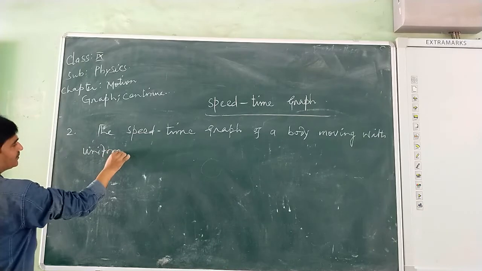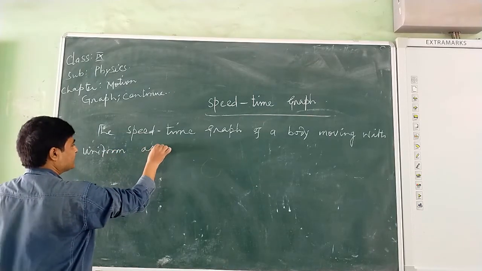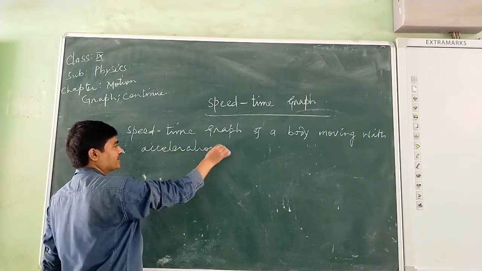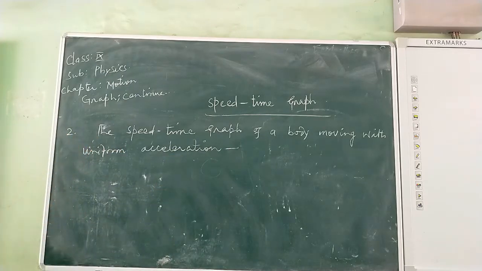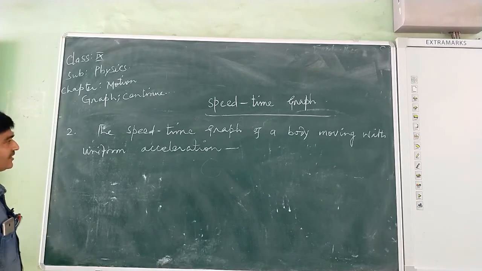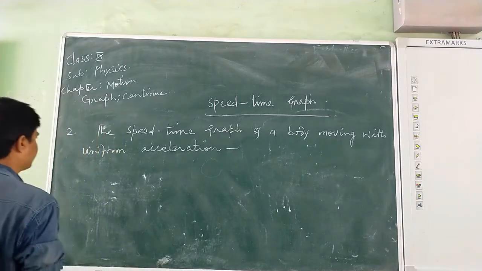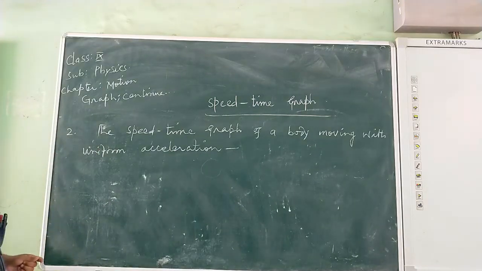The speed time graph of a body moving with uniform acceleration is just like the distance time graph of a body in uniform motion.